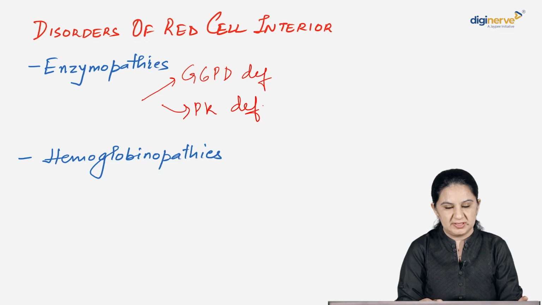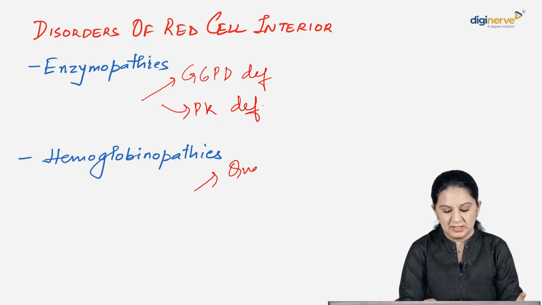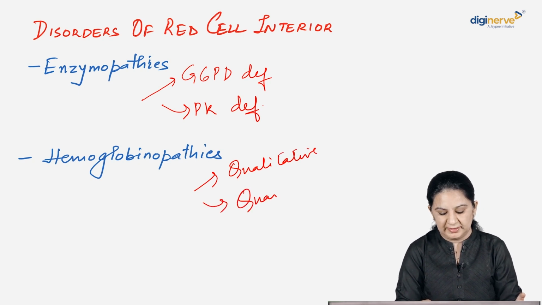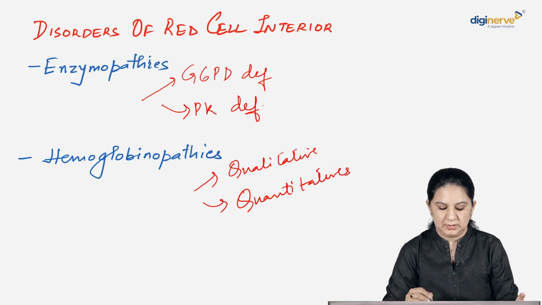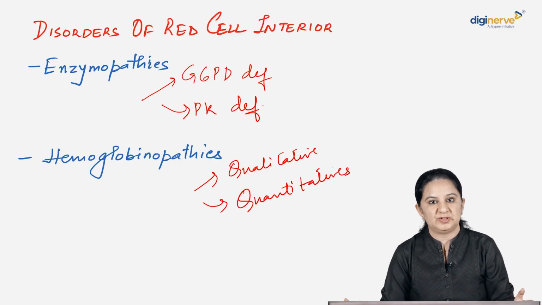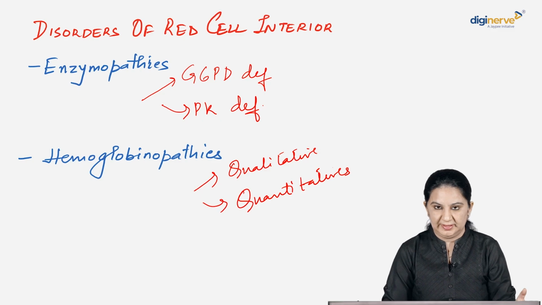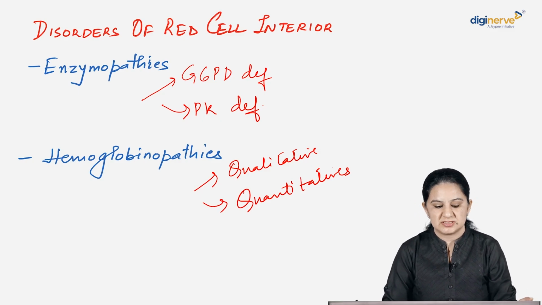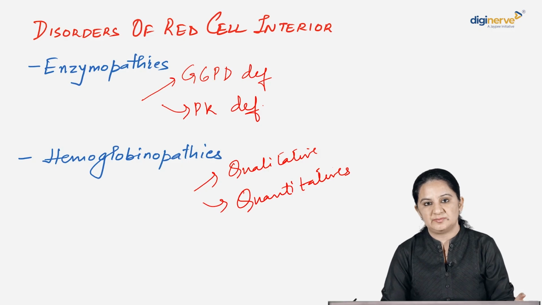And hemoglobinopathies could be defects in the quality of the hemoglobin, that is qualitative defects, or quantitative defects. Now, let us see, going back to your biochemistry classes, where G6PD enzyme is used.